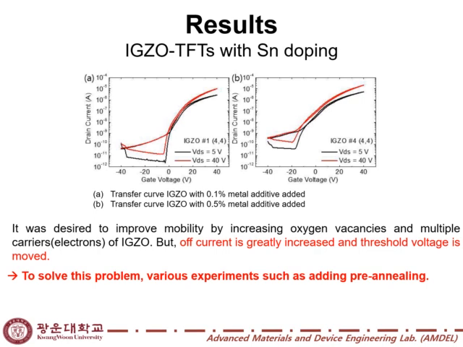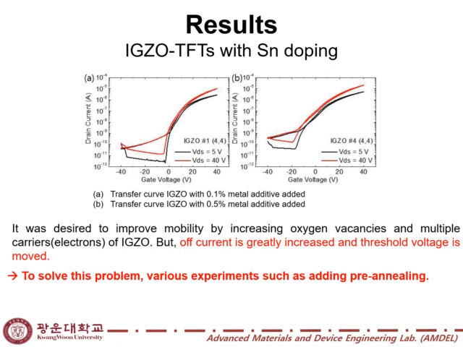The following is the graph of IGGO thin film transistors based on solution processes using tin doping. The A graph is a transfer curve of the IGGO thin film transistor to which 0.1% of metal additive is added, and B is 0.5%.